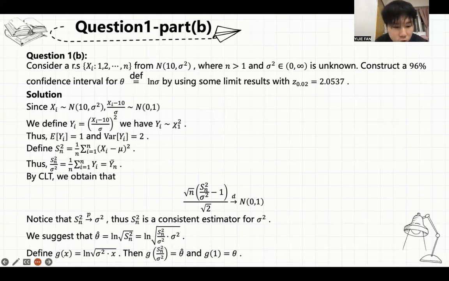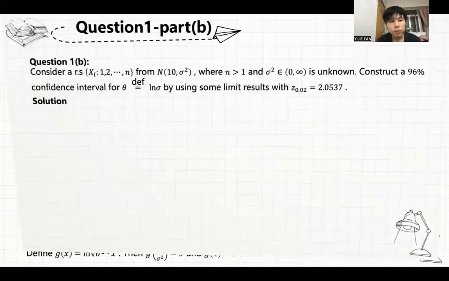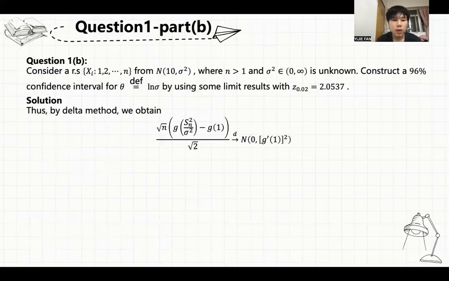And then we define g(x), which is equal to log square root of sigma square times x. And we get g(Sn square over sigma square), which is equal to theta hat, and g(1), which is equal to theta. By the delta method, we obtain this convergent relationship.